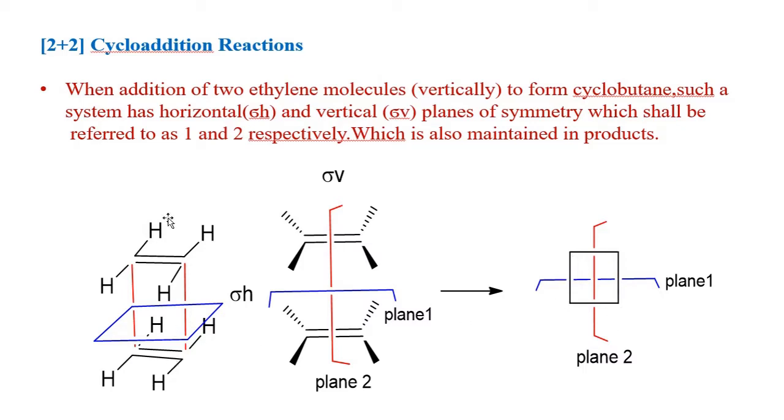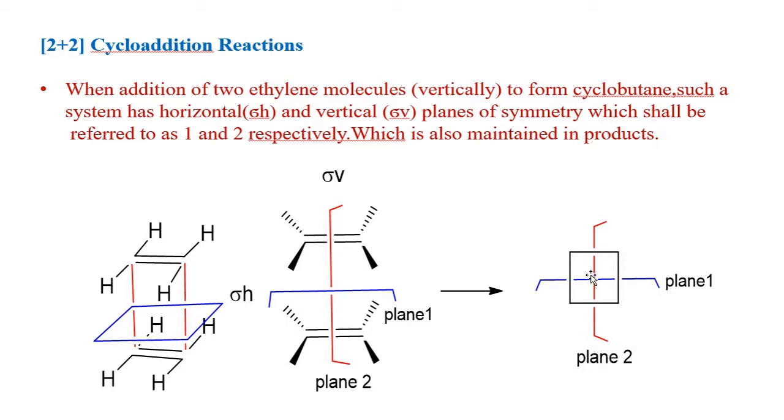When these two ethylene molecules approach each other, this system will have a plane of symmetry, referred to as sigma h, that is horizontal plane, or otherwise referred to as plane 1, and a vertical plane of symmetry, that is sigma v, otherwise represented as plane 2.